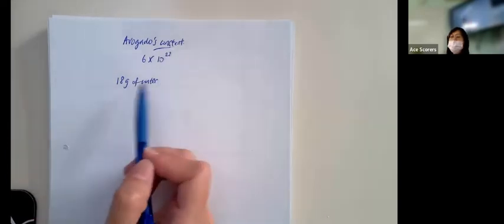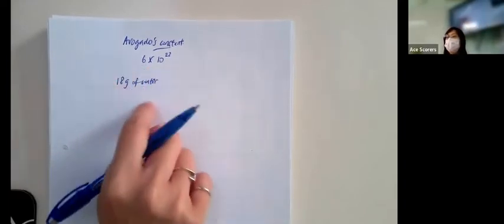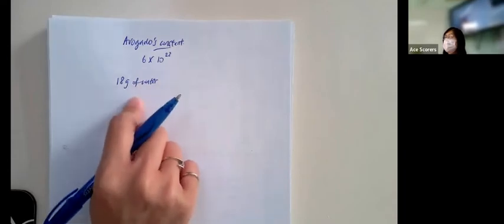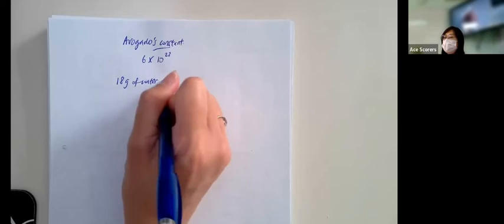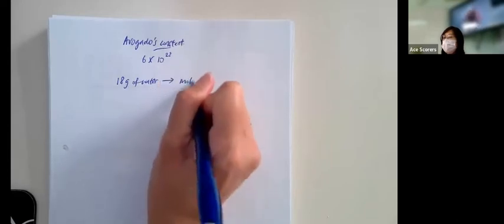If I have 18 grams of water, what do I have to do first to find the number of molecules? I'm interested to find out how many molecules and how many atoms there are in 18 grams of water. So we have to convert this to the number of moles.